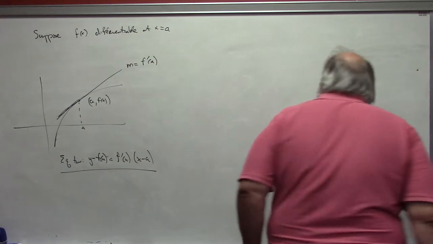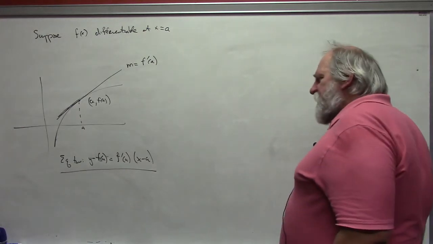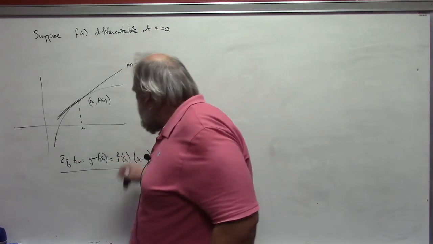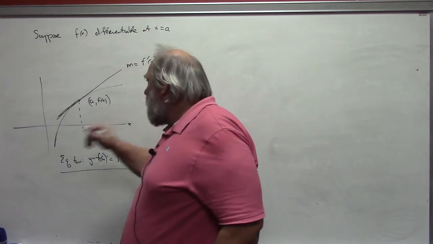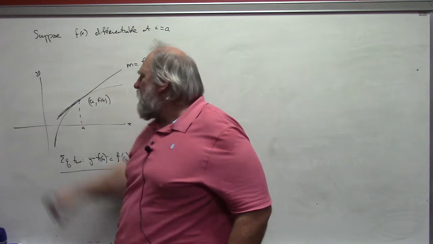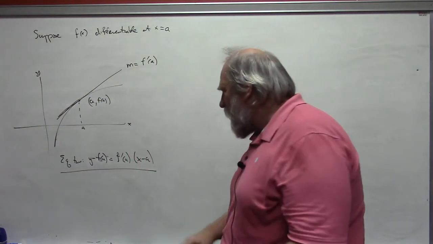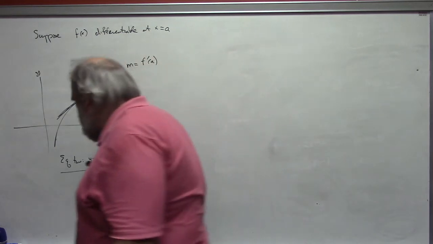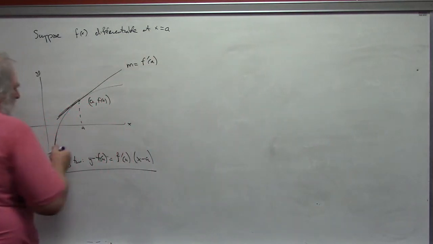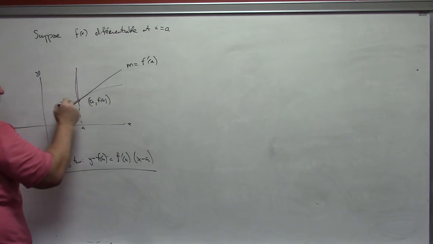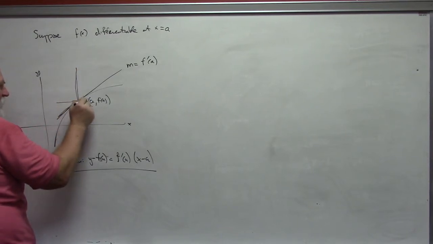So, instead of dealing with all this set up in terms of the normal xy axes, let's suppose that we consider a shift in our axes, and make the axes go through the point a comma f of a.